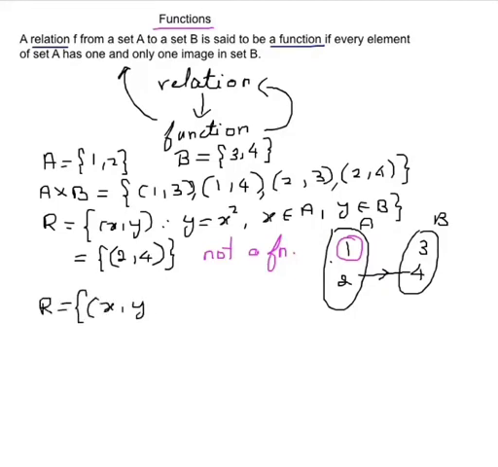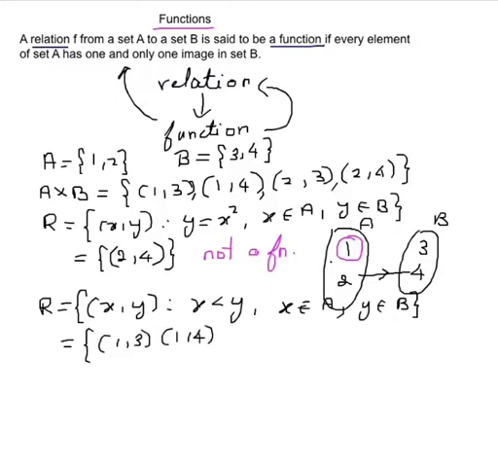The set of all (x, y) such that x is less than y, where x belongs to the first set A and y belongs to the second set B. Let us write the elements in roster form. So the elements are (1, 3), (1, 4), (2, 3) and (2, 4).